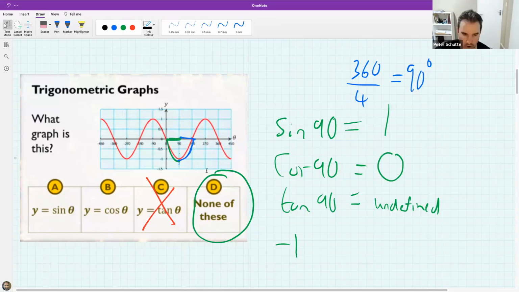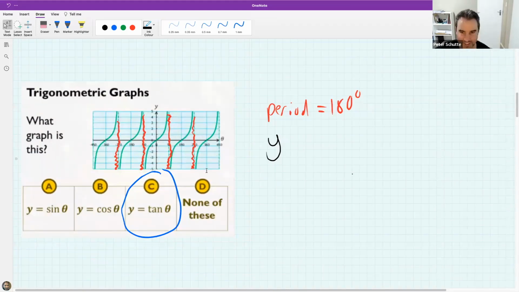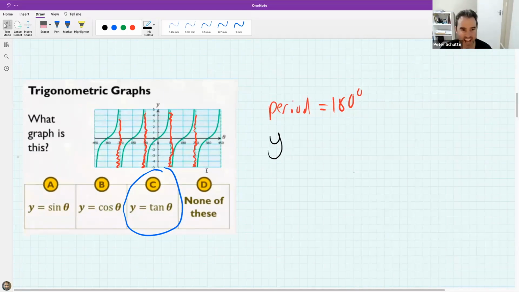Now, what I want to ask is, what is the step size of the tan graph? And I want you to be careful here because, yeah, it's a little bit sneaky. But what is the step size of the tan graph? So the thing that's key about the tan graph is that we don't divide by 4, we actually divide it into 2, even though the period is 180, and the reason the step size is 90 is that, can you see the tan graph has 2 parts?